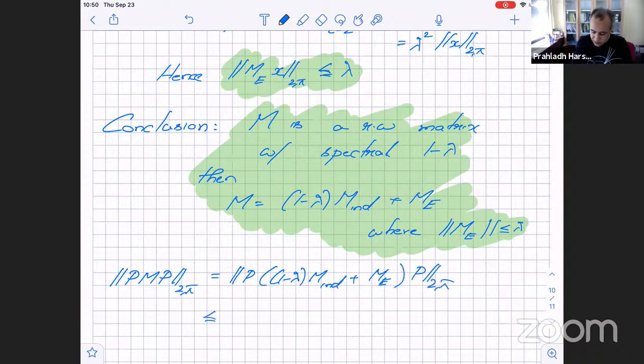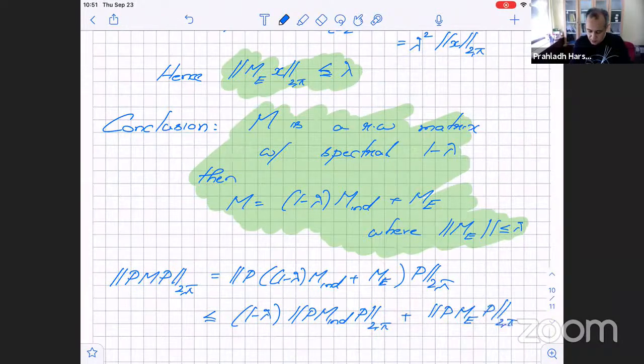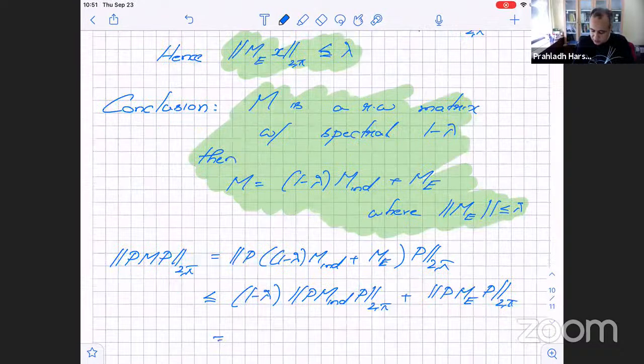Now you use additivity to say that this is at most 1 minus lambda PM ind P 2 pi plus PME P 2 pi. This we already saw was mu. This is exactly what we calculated.